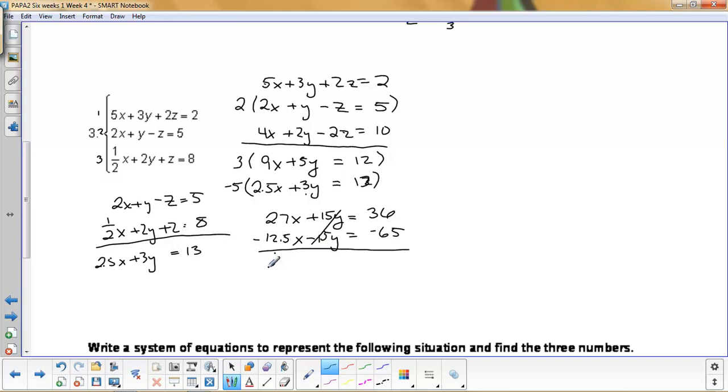The y terms cancel, and the resulting equation is 14.5x equals negative 29. x equals negative 2, and then you go back in using substitution methods that we used previously and substitute for y and get 6, and one last time substitute for z and get negative 3.